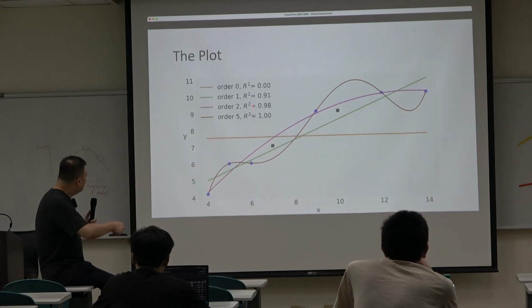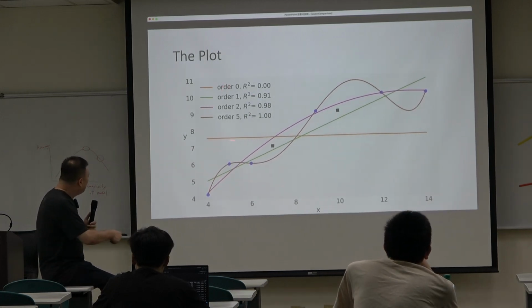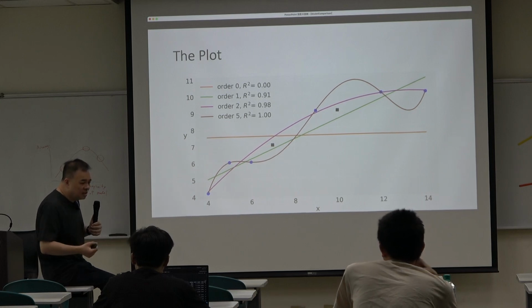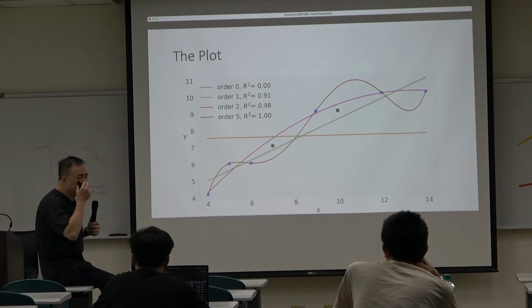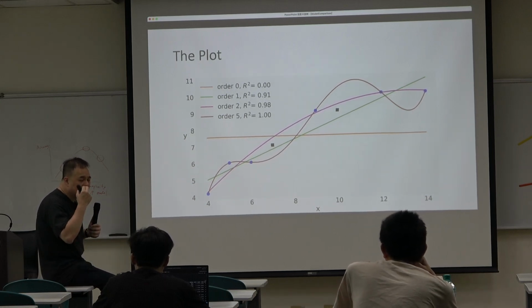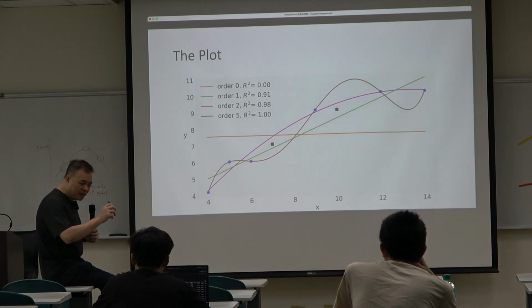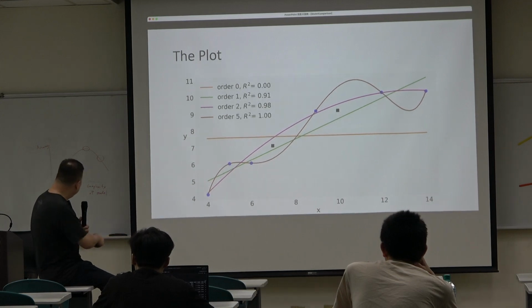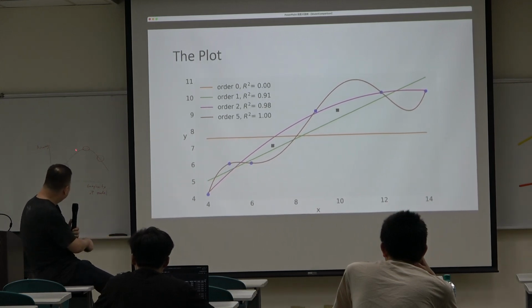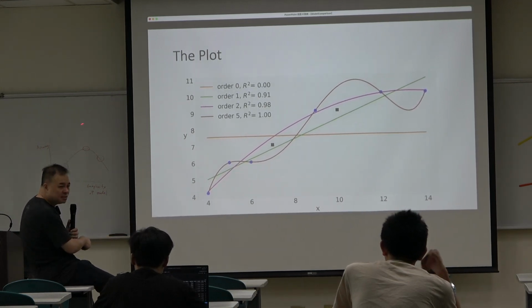So with this order 0 model, obviously we have underfitting here. We don't want overfitting, and we don't want underfitting either. That's what I meant by it's important to find that sweet spot.